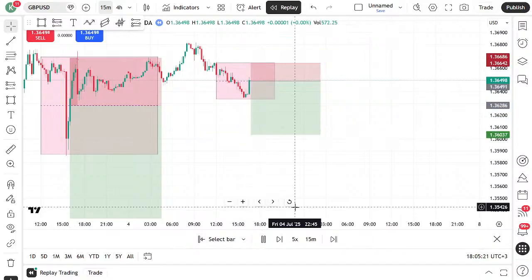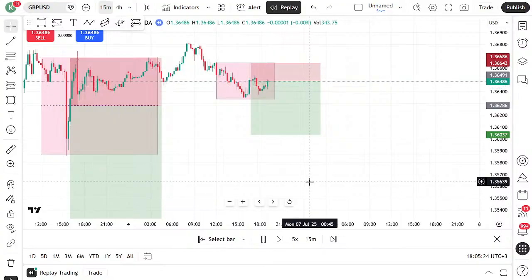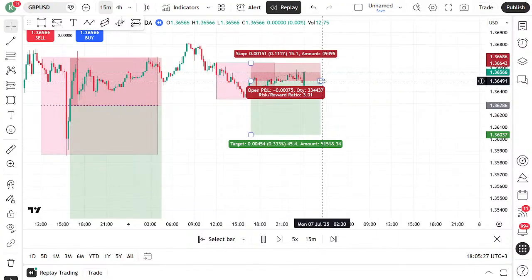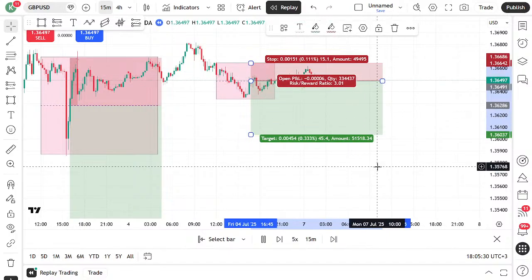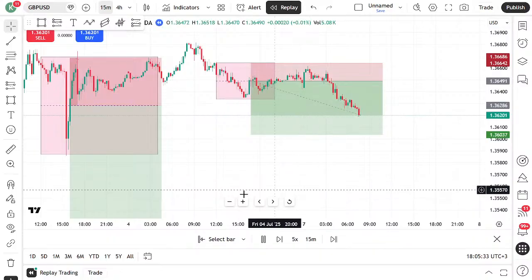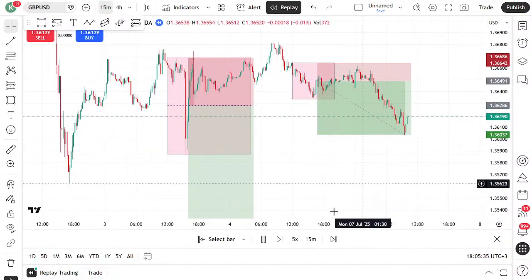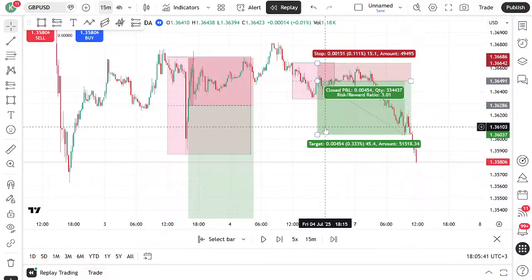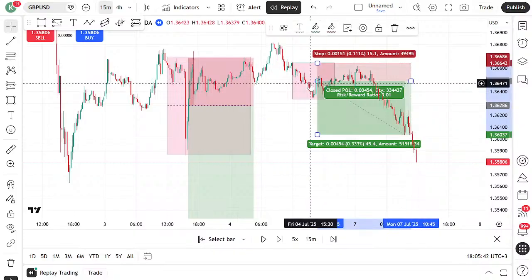Let's see if our trade was triggered. So we are triggered and we are in the trade. And as you can see, the trade resulted in an overall profit.